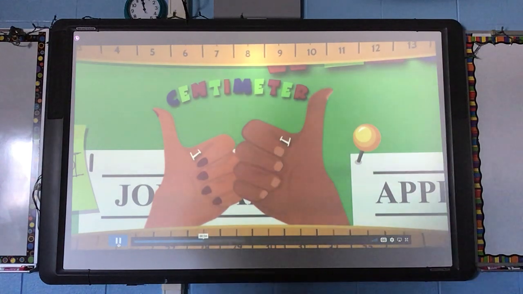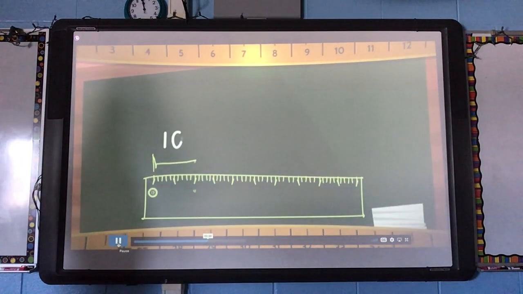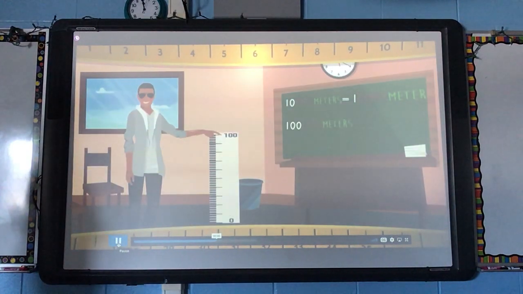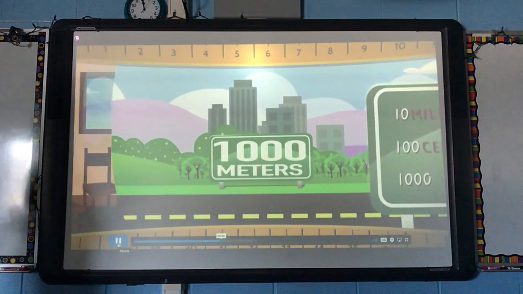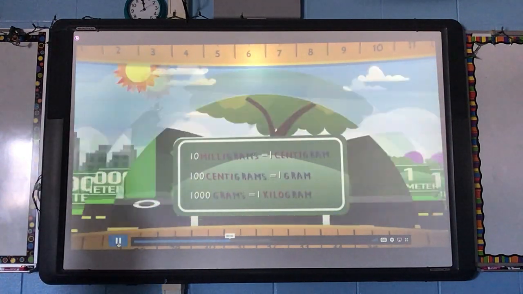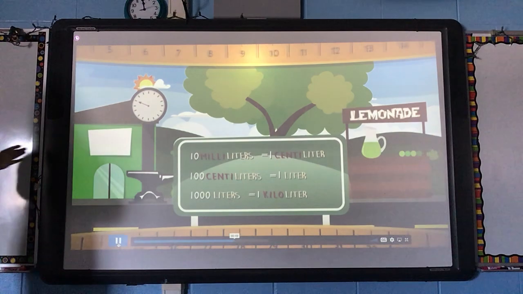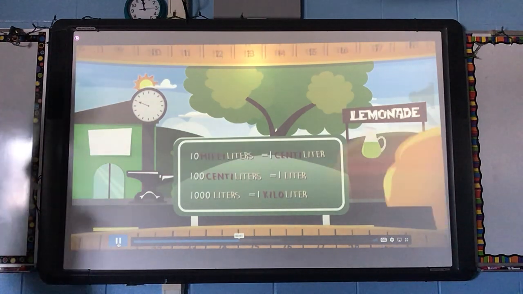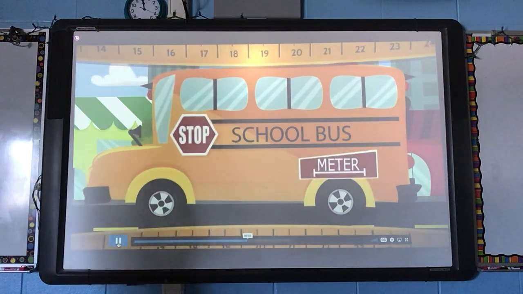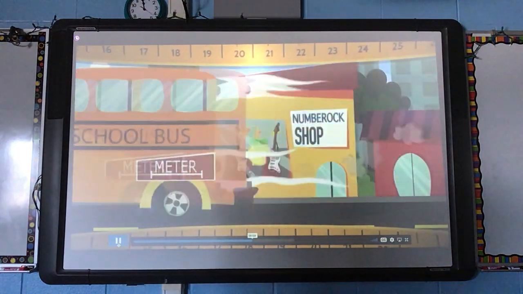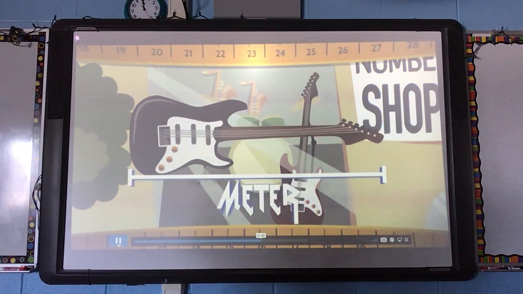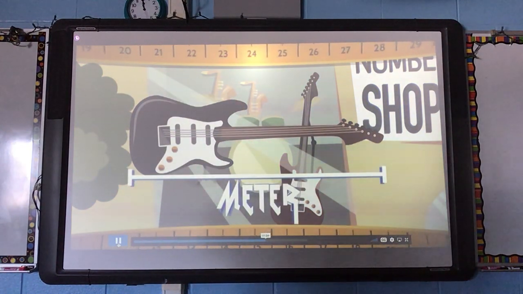About a centimeter high. 10 millimeters, a centimeter, 100 centimeters is a meter, 1,000 meters, that's a kilometer, and it's the same for grams and liters. School bus wheel diameter is about 1 meter, and a meter is about as far as the length of a guitar.